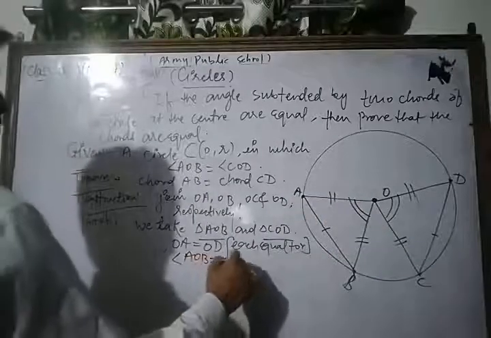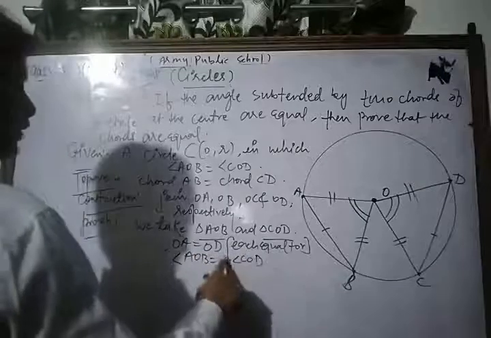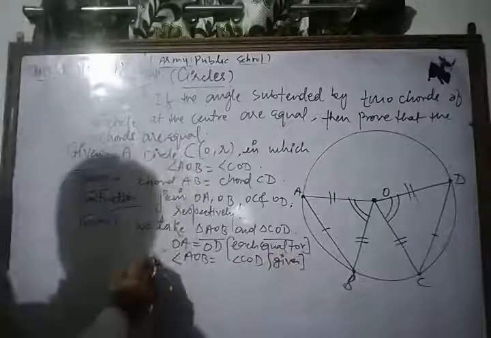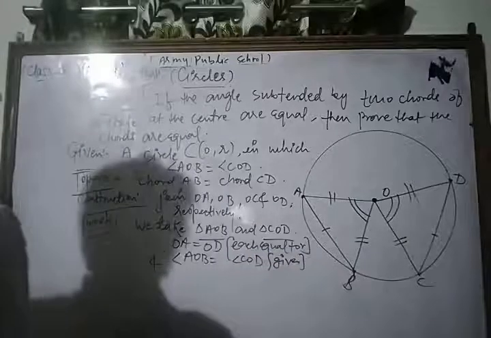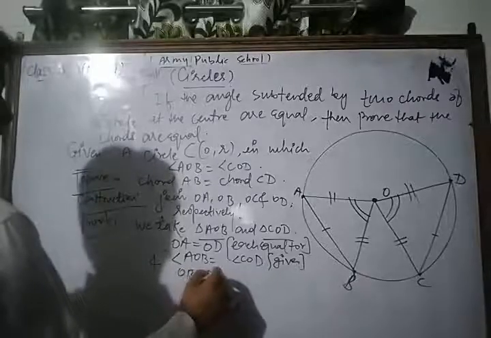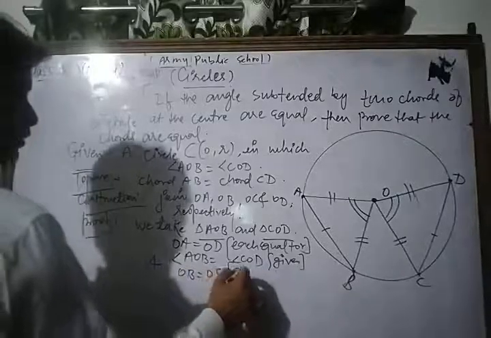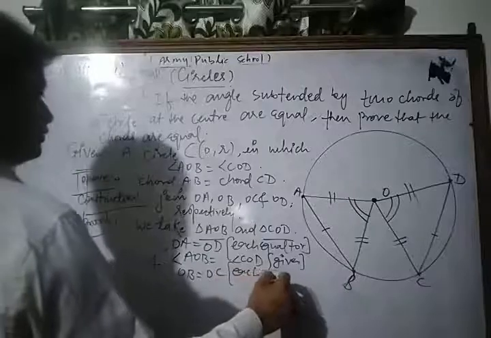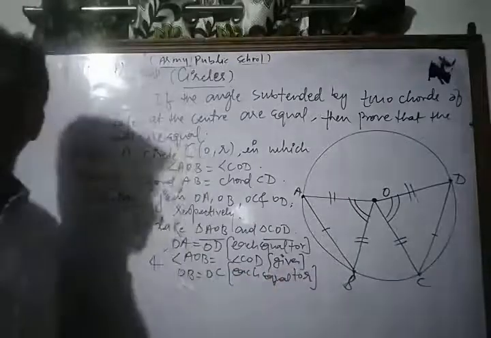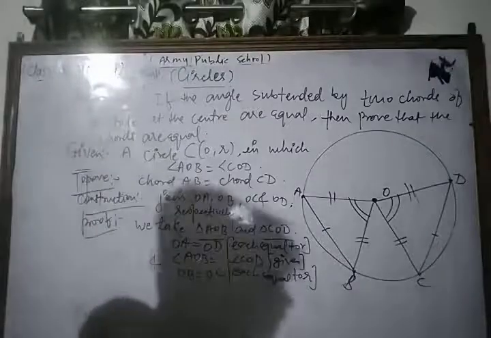Angle AOB is the same as angle COD. This is already given in our theorem. And OB is equal to OC. This is also each equal to radius R. Thus, by which congruence criterion?